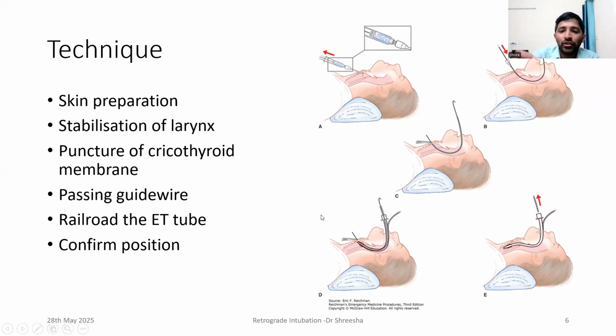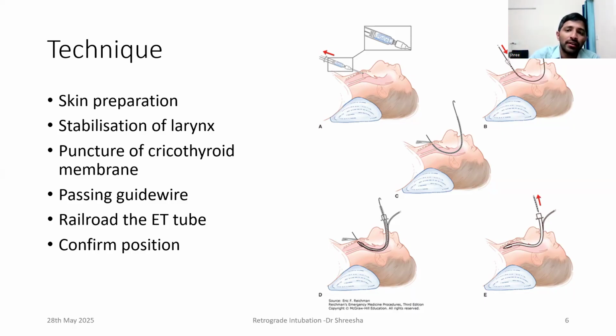Once you pass the endotracheal tube through the Murphy side and hit resistance, that means the endotracheal tube has crossed the vocal cords. And since you have passed the guide wire through the Murphy side, around 1.5 to 2 centimeters of the ET tube will be ahead beyond the cricothyroid membrane.